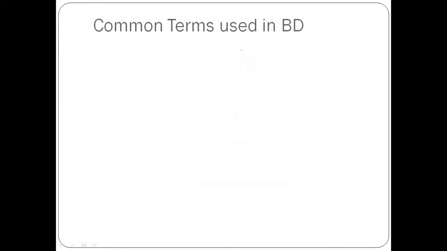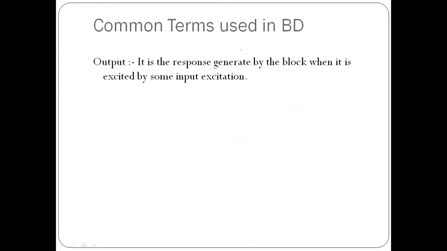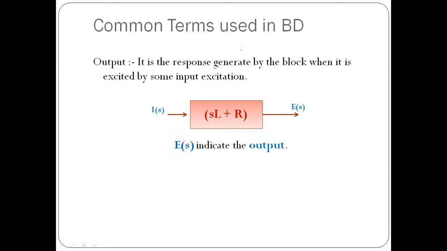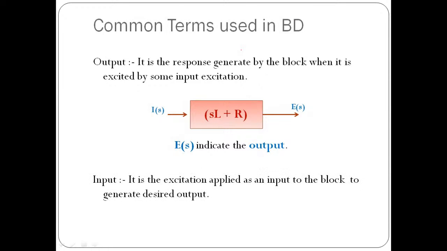Then we discussed some very common terms which are commonly used in block diagram. First one is output. Output indicates the response generated by the block when it is excited by some kind of input. So in this case, E of S indicates the output of the system. Then what is input? Input is nothing but the excitation that we have provided to that particular block, so that it is going to generate some desired output.